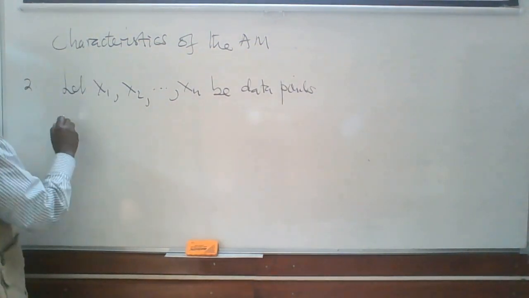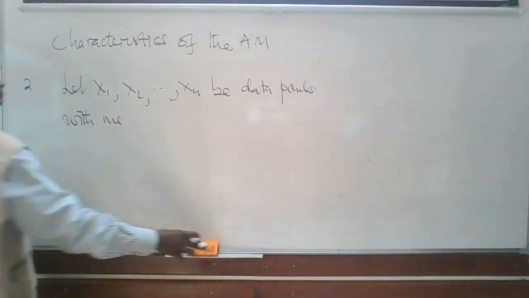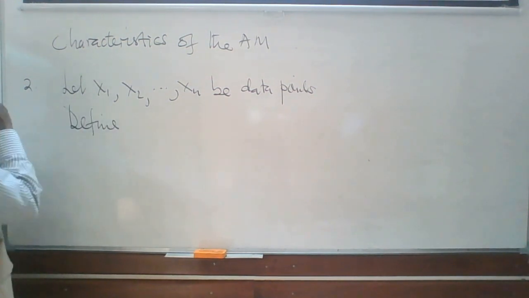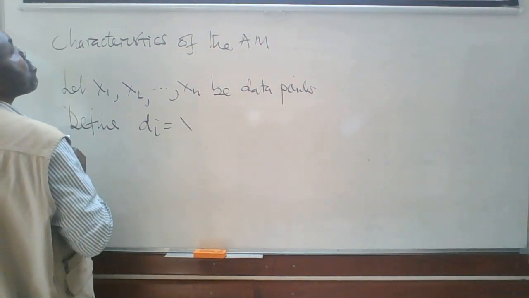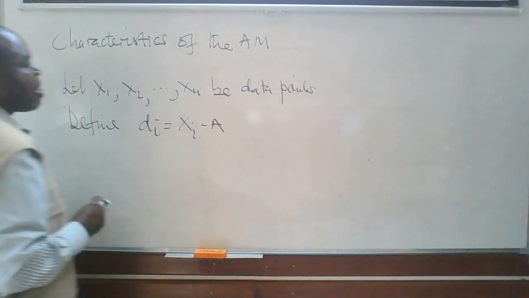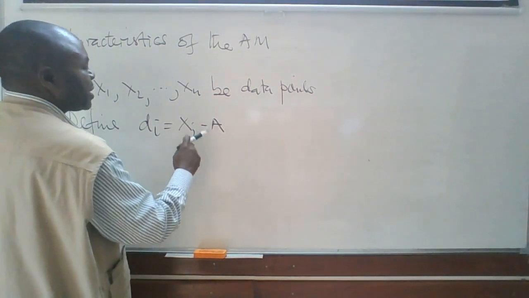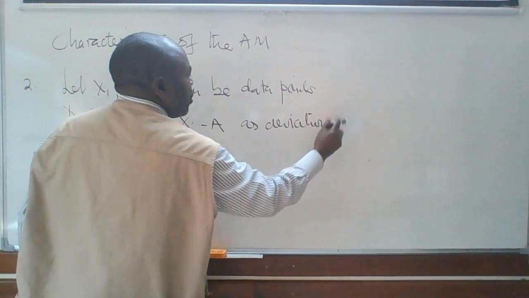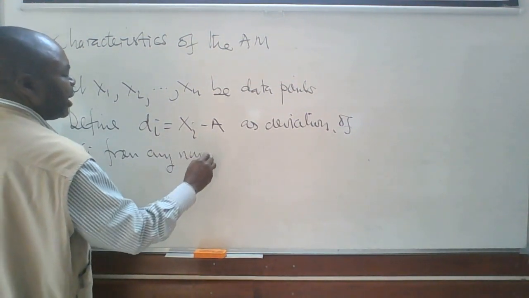We simply define di equal to xi minus a, the deviation of xi from any number at all, any number a.